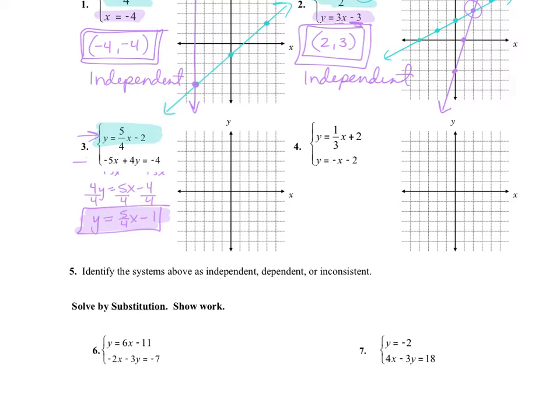Okay, so if these are my two equations, then we are going to do this guy first, down 2, and then a slope of 5/4. So up 1, 2, 3, 4, 5 over 1, 2, 3, 4. And if you notice, we have the same slope and different y-intercepts. So you should know right off the bat what your answer is going to be, but I do still want to see what the graph is.